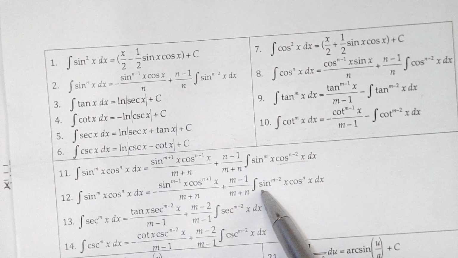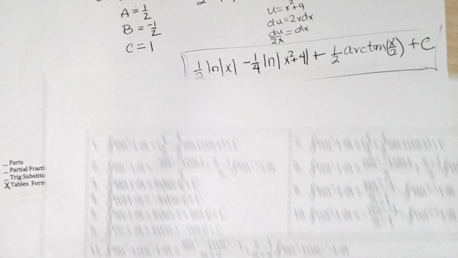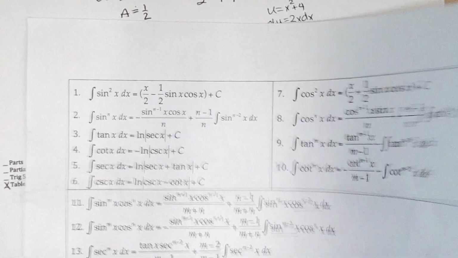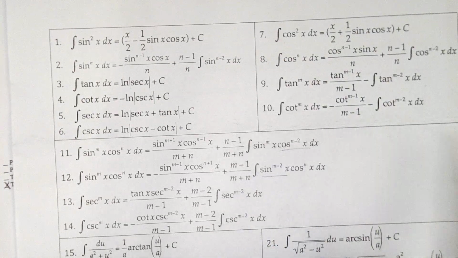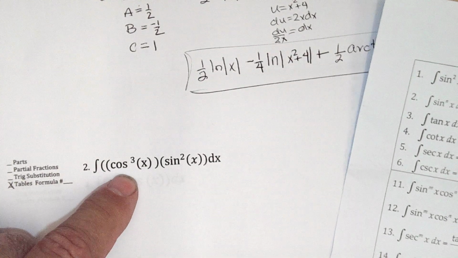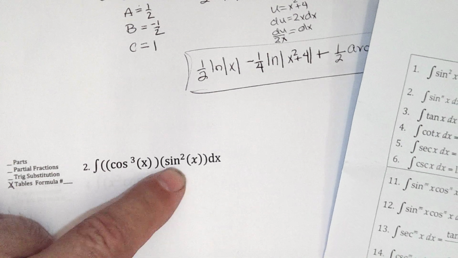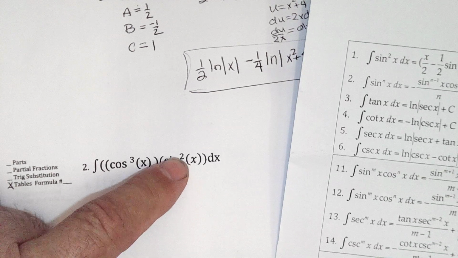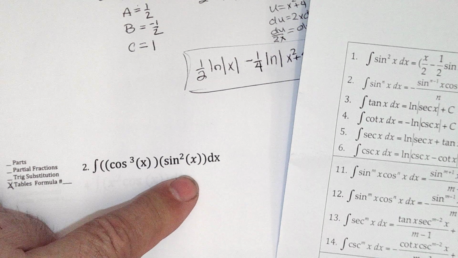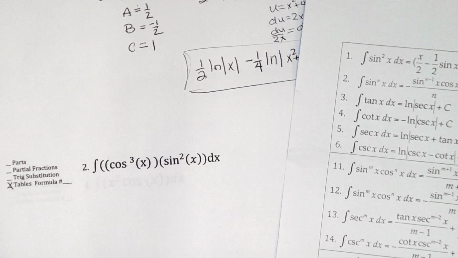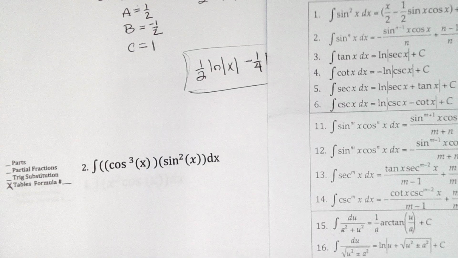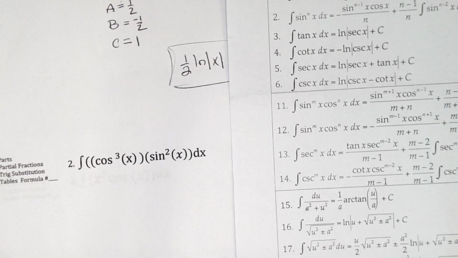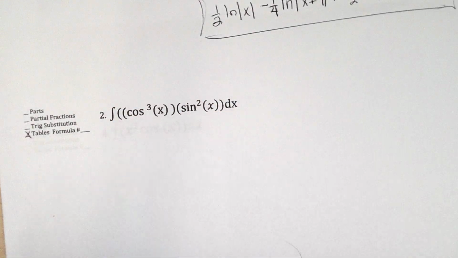And then I'm going to use the one that reduces the sine, so that I get it down to something where, if I reduce the cosine by 2, it would go 3 to 1. And if I reduce the sine by 2, it would be sine squared down to sine to the 0, which is just 1. So I'm going to use 11 and 12. So I need to get this someplace. Let's see here. I'm going to make do with this.